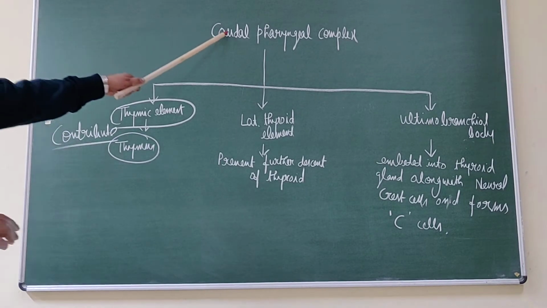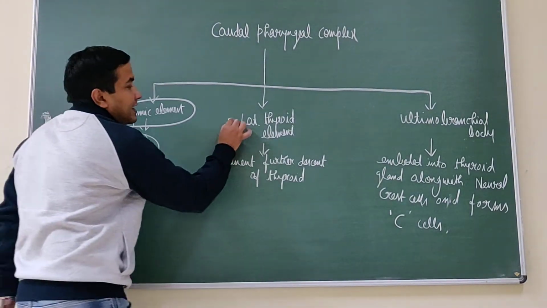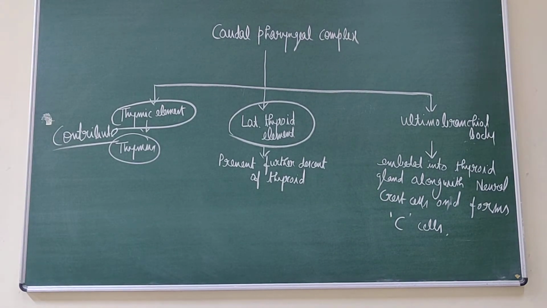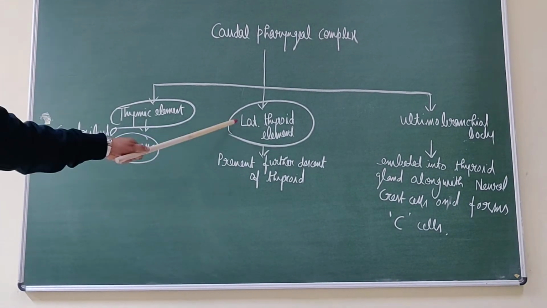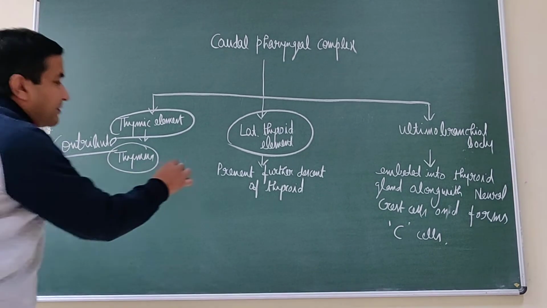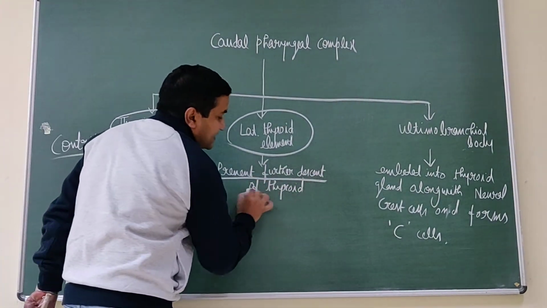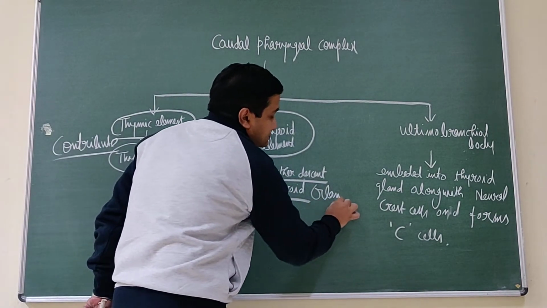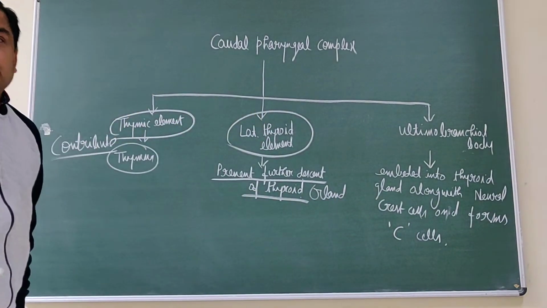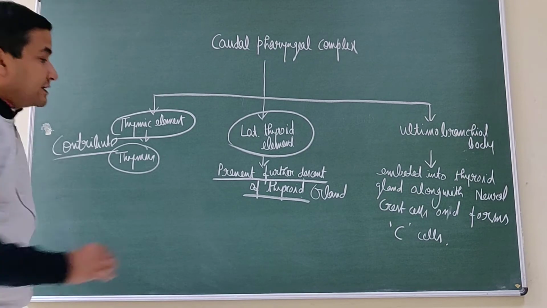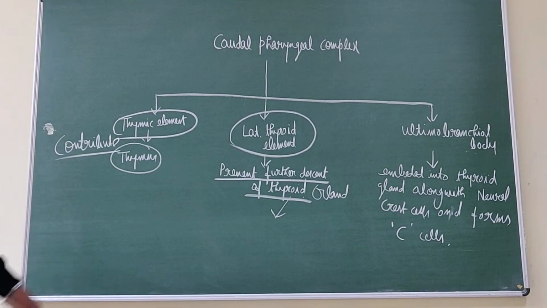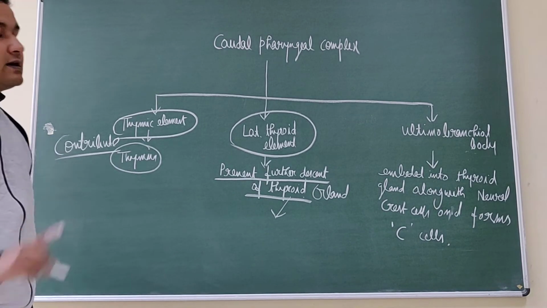It also differentiates into the lateral thyroid element. The role of this lateral thyroid element is to prevent the further descent of the thyroid gland. The thyroid gland develops from a diverticulum. We will discuss the development of the tongue and the thyroid gland in the next class.